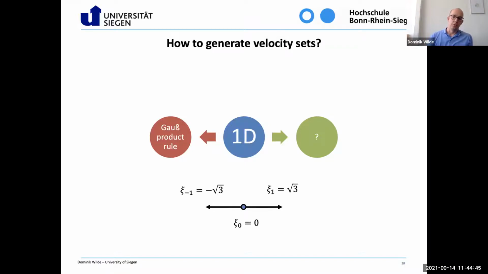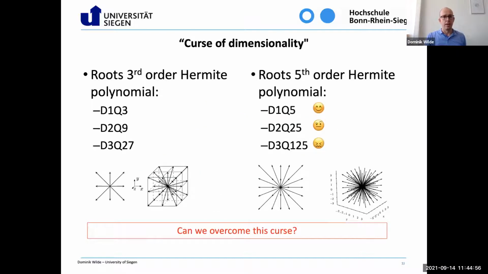To go to two or three dimensions, you normally apply the Gauss product rule, which is nothing but a tensor multiplication. This turns your D1Q3 into a D2Q9 and D3Q27 lattice, which is the standard for weakly compressible flows.